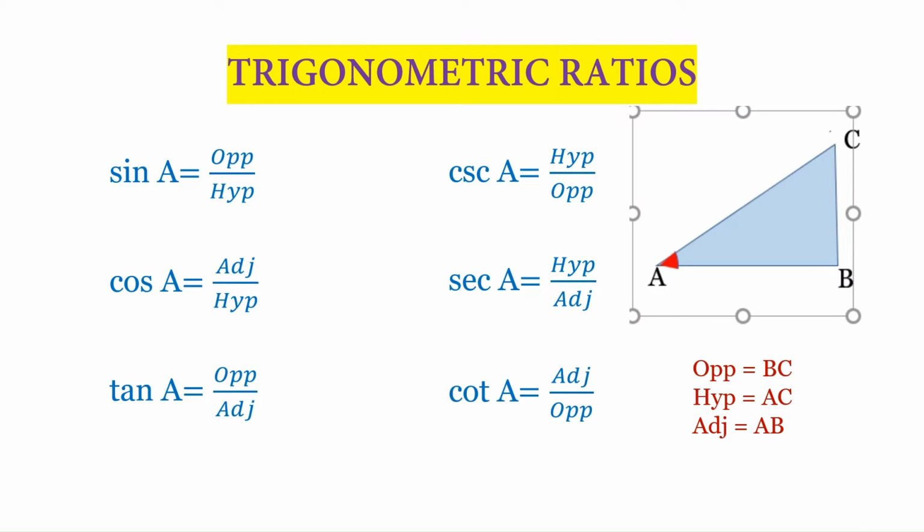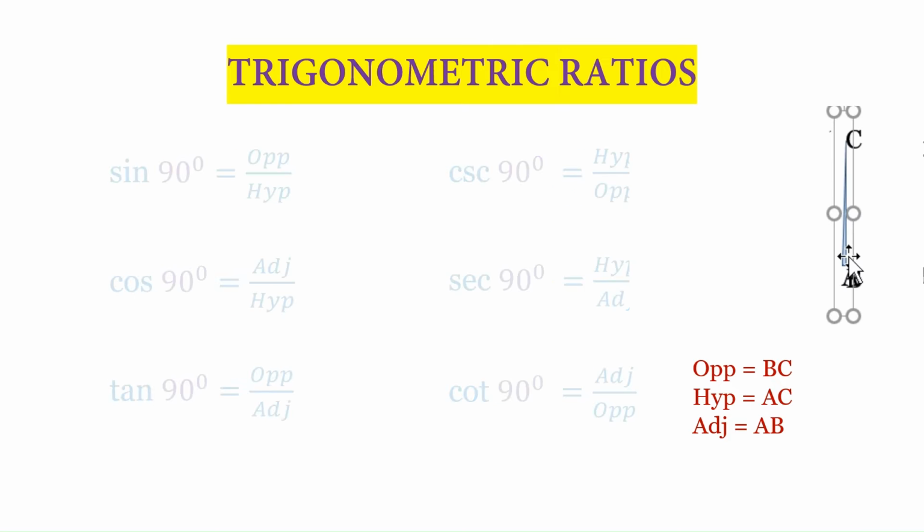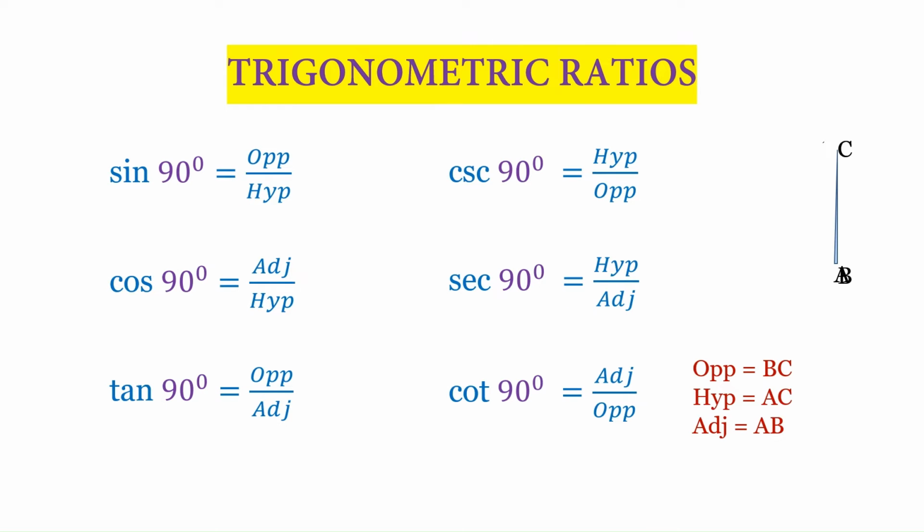When the angle is exactly 90 degrees, A and B vertices coincide with each other, making AB length 0 and AC equal to BC. Let us write these values here for opposite, hypotenuse, and adjacent. So AB is 0, and both AC and BC would be equal to one another.